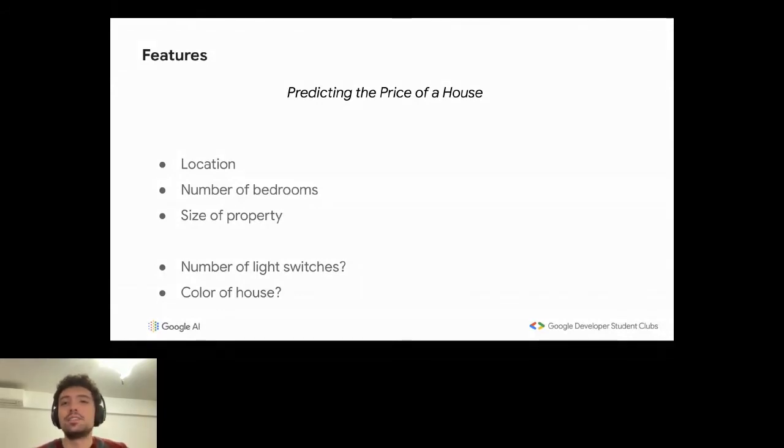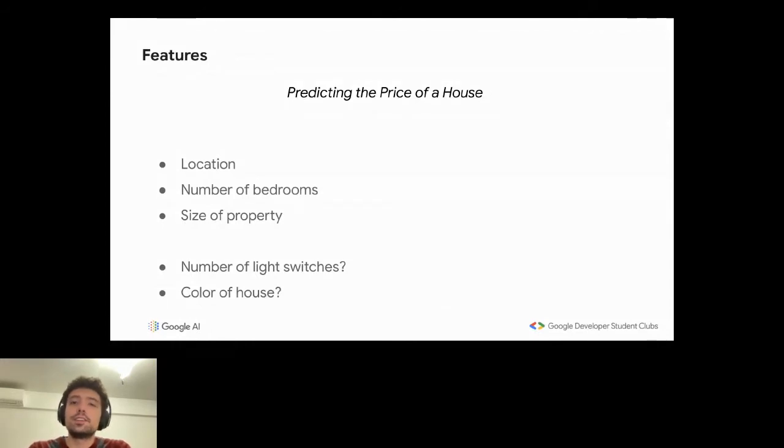Each one of us has their own house in its own location, with its own number of bedrooms, with its own size. And then for sure, there are many other things that really distinguish our houses one from another. For instance, the number of light switches, or the color of the walls in our house, or maybe also the brand of the table that your computer is sitting on.